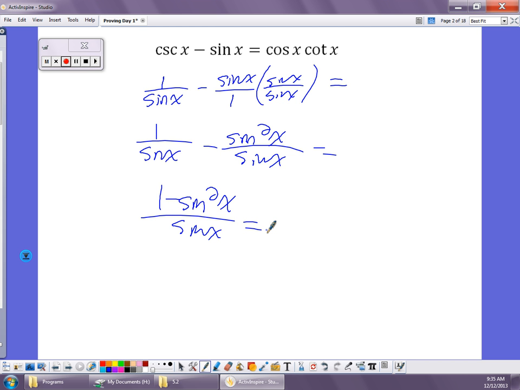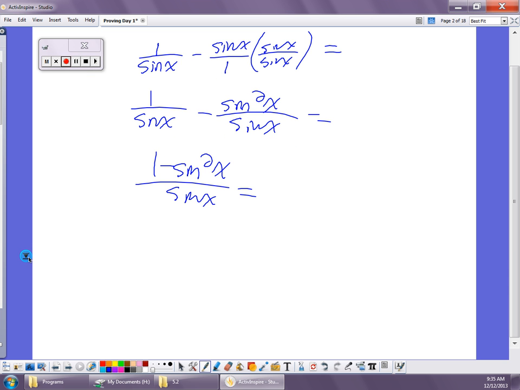So now I need to somehow get a cosine and a cotangent. What does 1 minus sine squared equal? Excellent. Cosine squared. Does anyone see a way now I can get from cosine squared x over sine x to, this should not be 0, I'm sorry, this should be cotangent x, cosine x. Or the other way around.